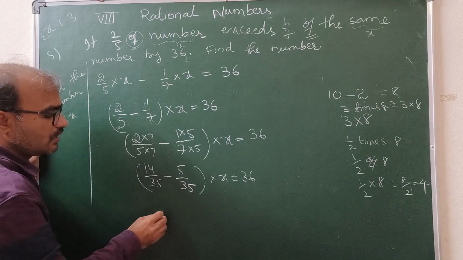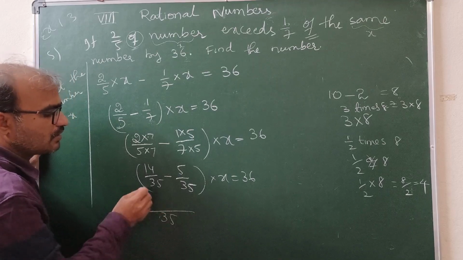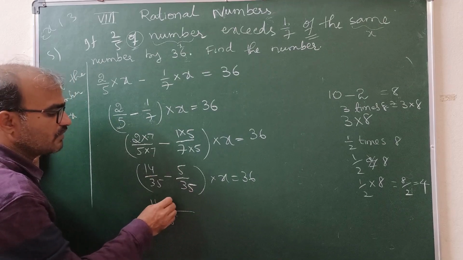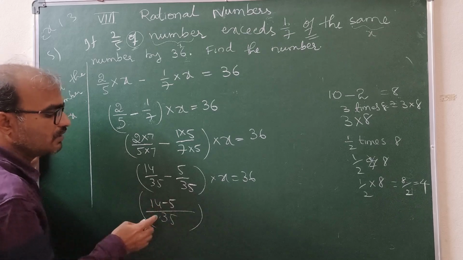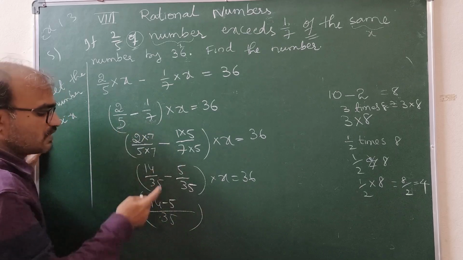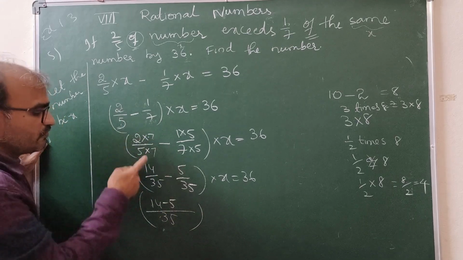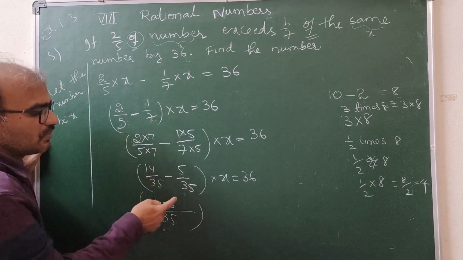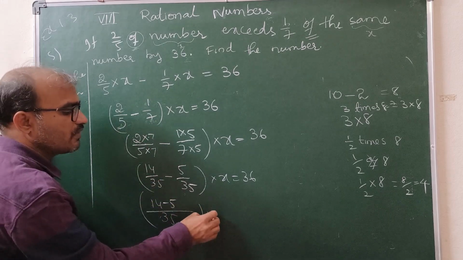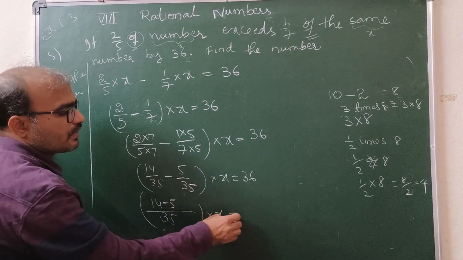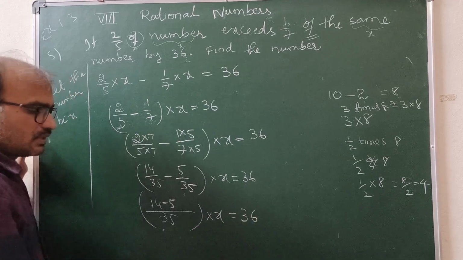Now 35 is the denominator. Subtract 14 minus 5 in the numerator. So observe here, in the denominator 5 sevens 35, here 2 sevens 14, 5 ones 5. Cross multiplication you do in the next step, whenever you get it like this, is equal to 36.